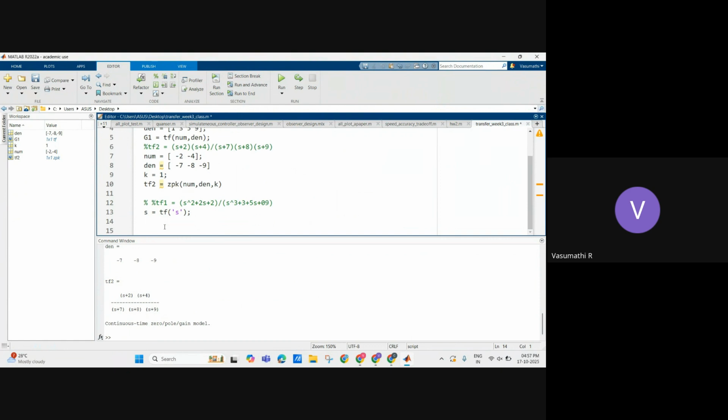So you can straight away write tf3 equal to the same expression here. But when writing this, you have to be careful with the multiplication and all these notations. That's it. You'll get the transfer function out of this.